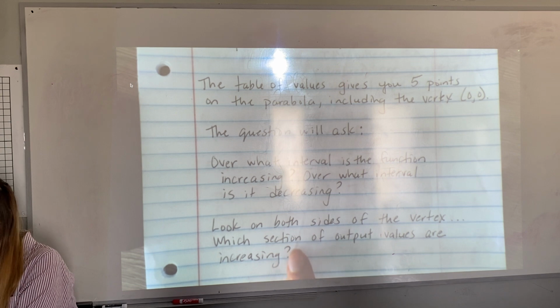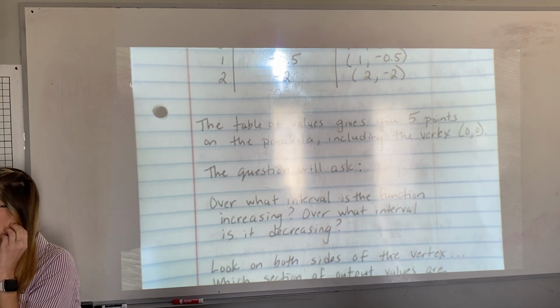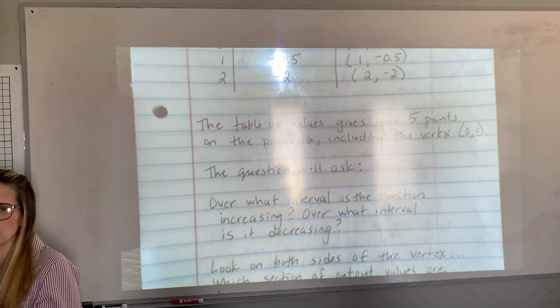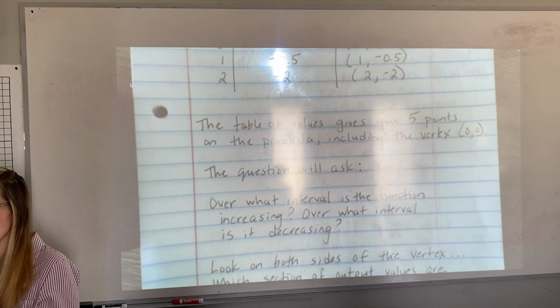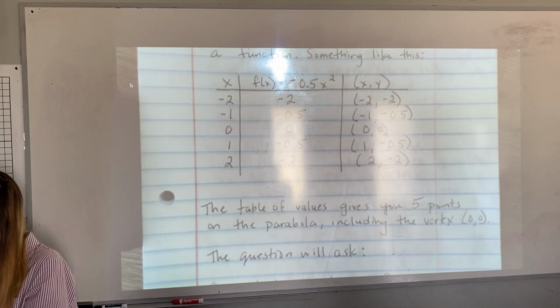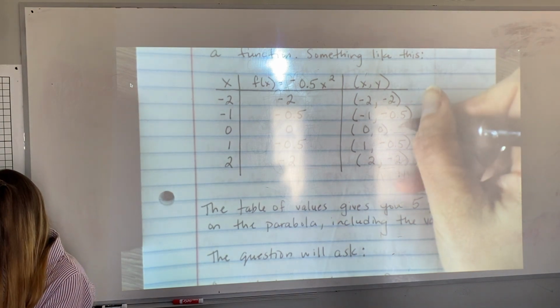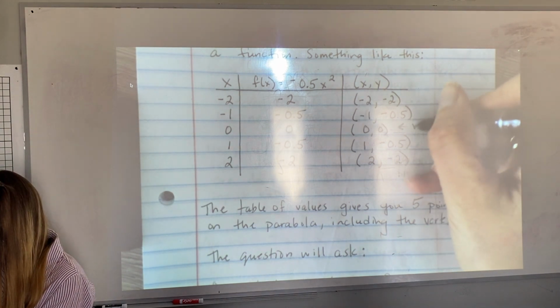Which section of the output values are increasing? So the question will ask for increasing first. It will say, over what interval is the function increasing? So if it wants to know increasing, all you have to do is look at your table, notice where your vertex is, which is the turning point, right?